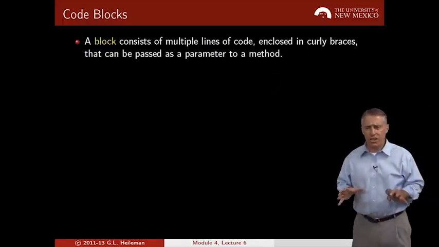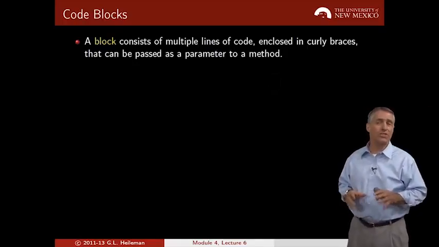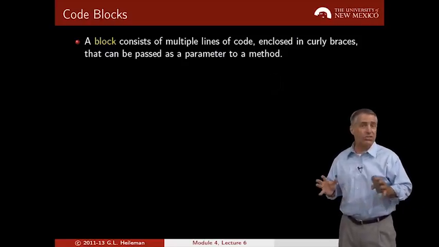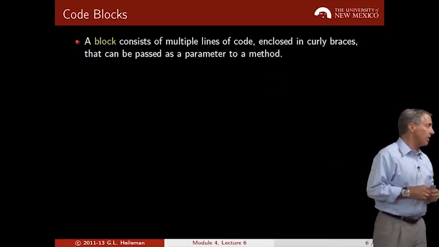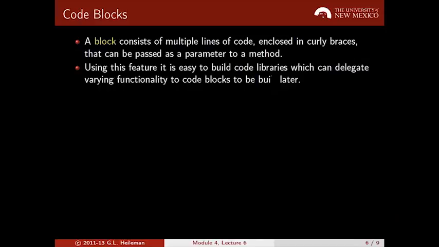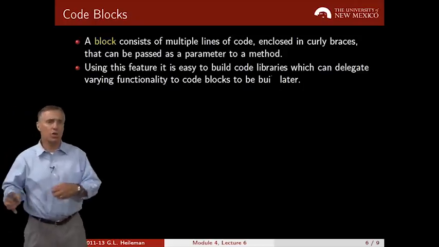And in order to understand iterators, you first need to understand how blocks work in Ruby. And these are used extensively in Rails too, so very important to understand this. A block is just a bunch of lines of code that are enclosed in curly braces that can be passed to a method. So you can pass a block of code to a method.